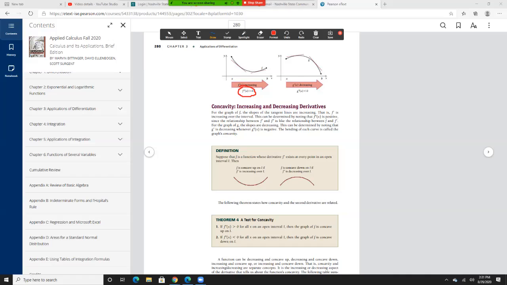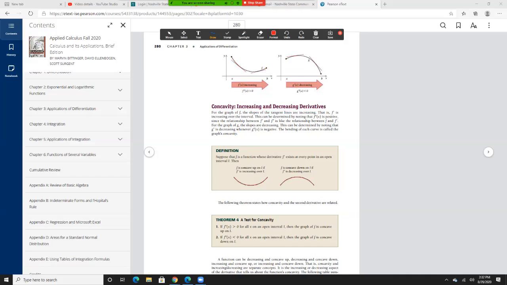The second derivative is positive, it's greater than 0. And anytime the second derivative is positive on an interval, that means that it's concave up. In other words, it is sort of bowl-shaped on that interval. If you look at the one on the right, the second derivative is negative. And anytime the second derivative is negative on a given interval, that means it's concave down, which means it's sort of an inverted bowl shape.